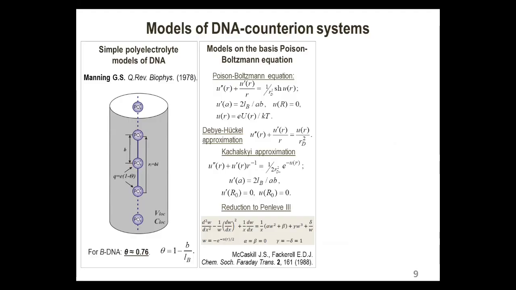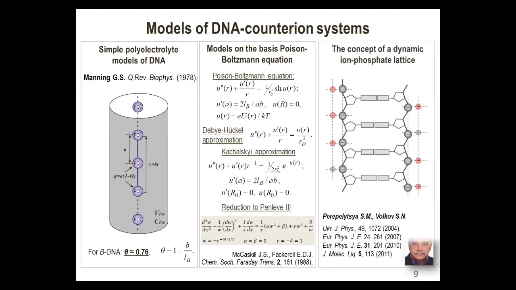What is interesting is that this problem can be reduced to the Penrose-Lee equation, which can also be studied, and this may be a very interesting application of this equation to this particular problem. In our institute, we introduced another approach where we present DNA with ions as a lattice, where each phosphate group is neutralized by positively charged ions.